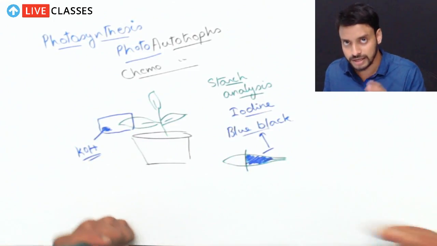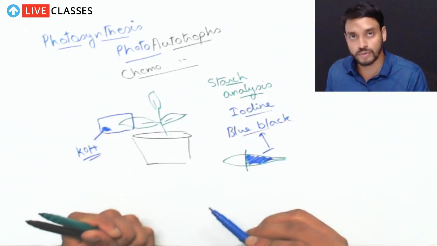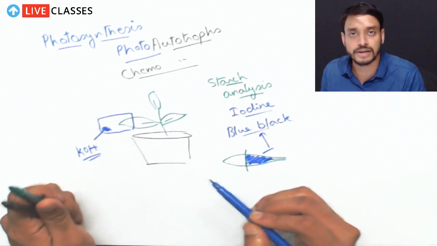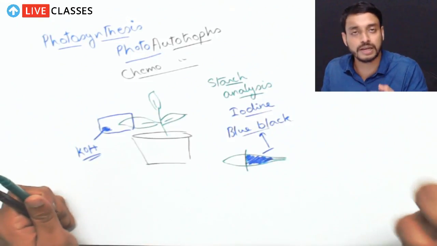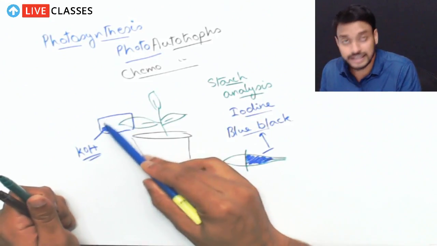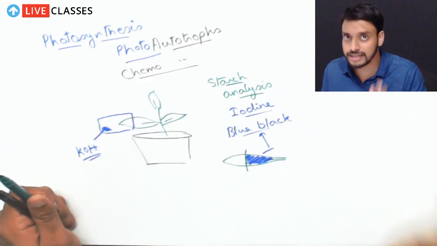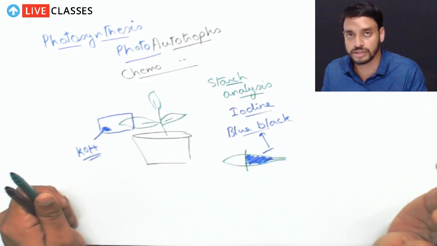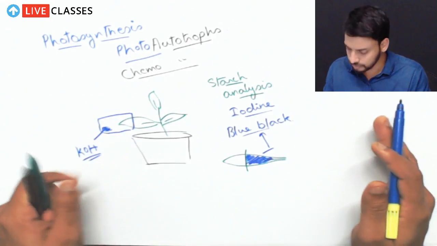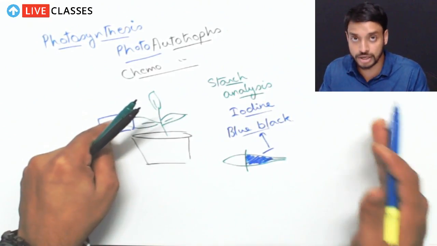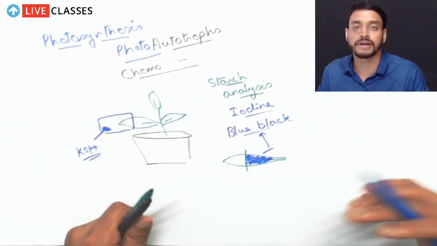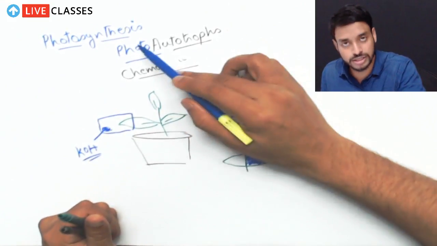Now let's go back to the experiment once more. Here we used KOH, right? This chemical absorbs carbon dioxide. So this container is sealed. If this container is sealed, that means there is no availability of carbon dioxide. Now what does this prove? If there is no carbon dioxide, that means this part of the leaf could not perform the process of photosynthesis.